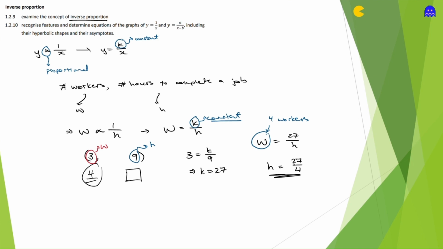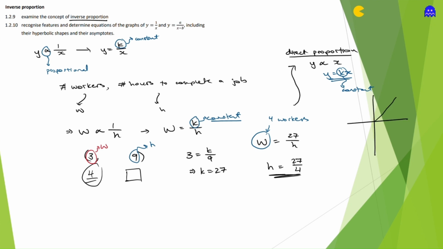It's something completely different and it should be distinguished from direct proportion, where direct proportion refers to a linear correlation between 2 variables. For example, y is proportional to x. And in this case, we have y equals kx, for example, where k similarly is a constant. And if we were to graph this y equals kx on a set of axes, we would see that we have a line passing through the origin, and it will have gradient k.